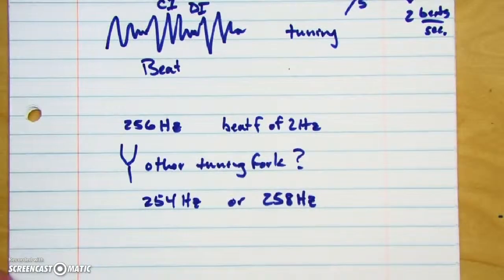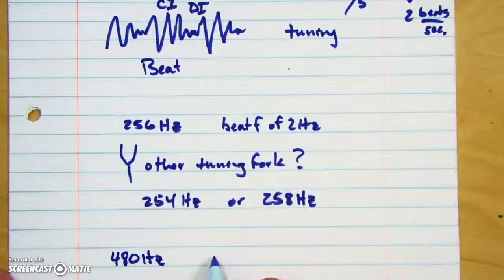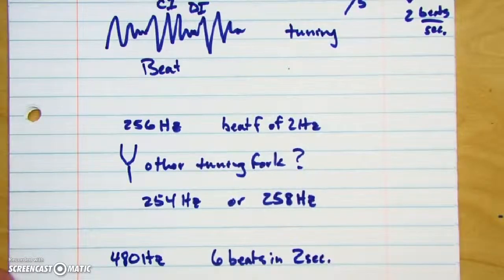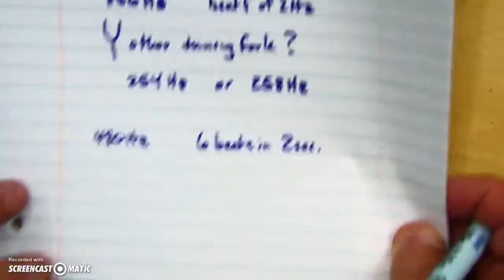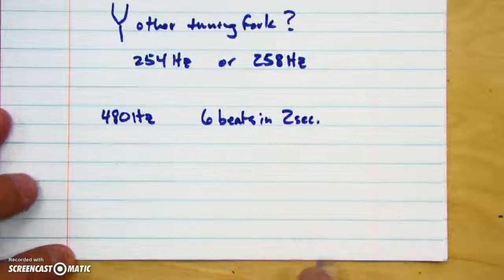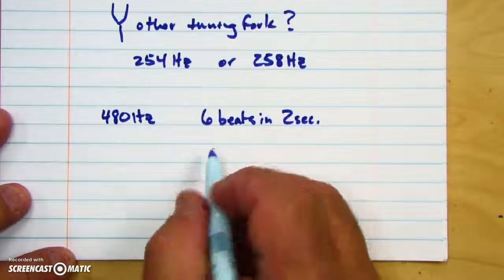I can't. Now let's say what if I had a 480 hertz tuning fork and I was getting 6 beats in 2 seconds? What would I have then? Well, if I had a 480 hertz, first of all I need to figure out the beat frequency.